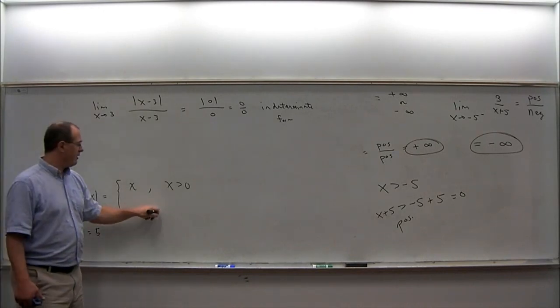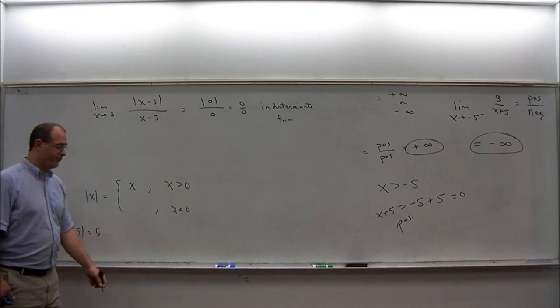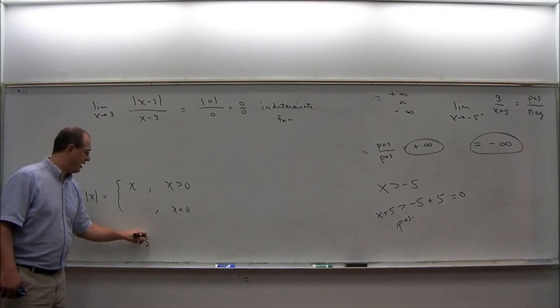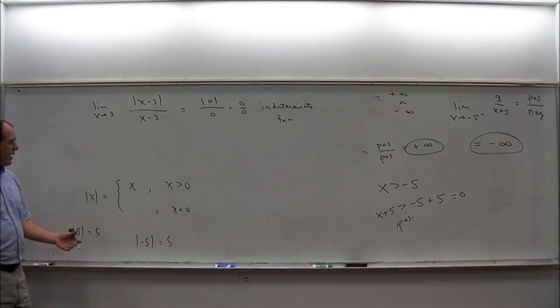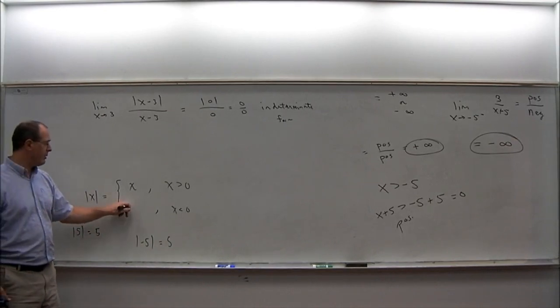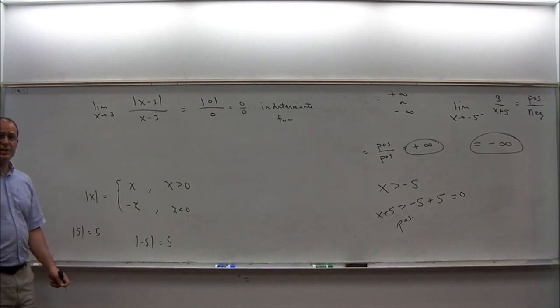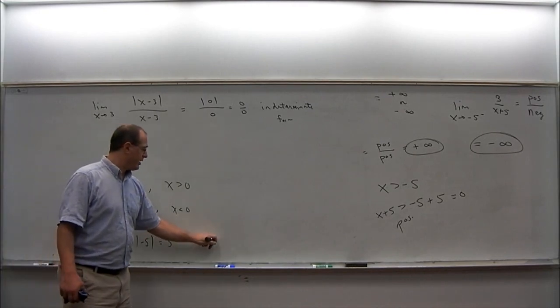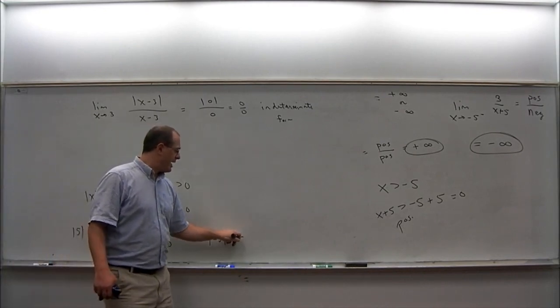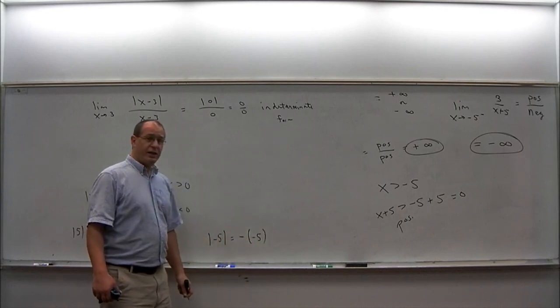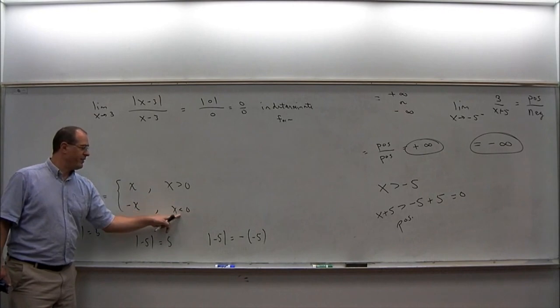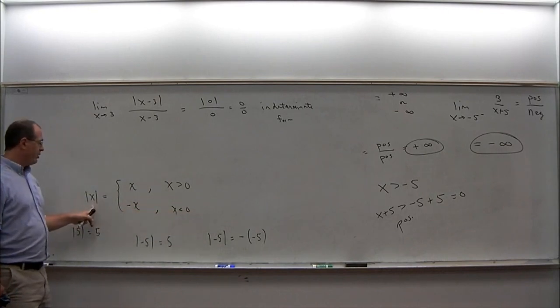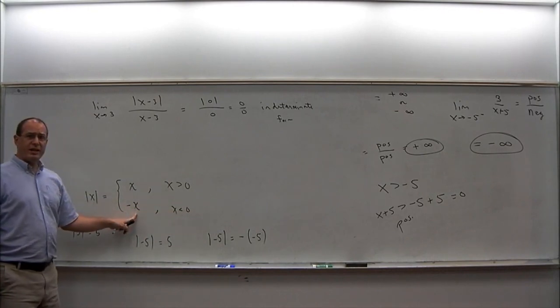On the other hand, if x is negative, the absolute value of -5, that's also 5. So you have to erase the minus sign. And the way you mathematically erase a minus sign is by putting another minus sign in there. The absolute value of -5 is the negative of -5, which is positive 5. So if x itself is negative, the absolute value of x is negative x.